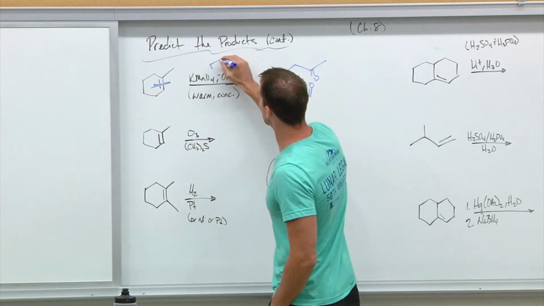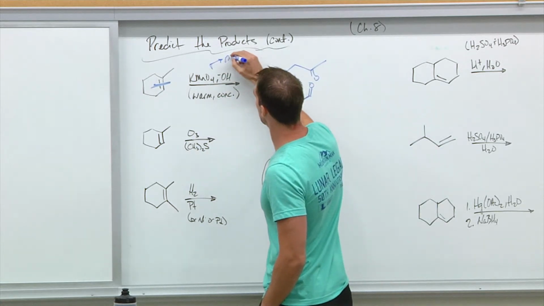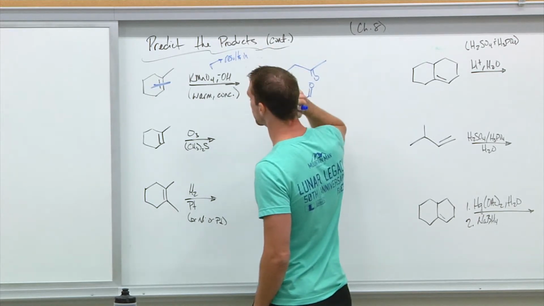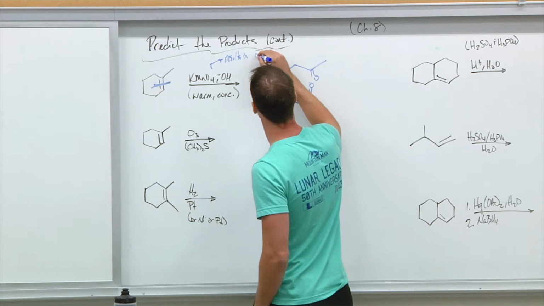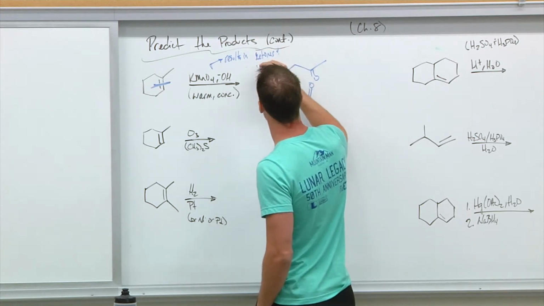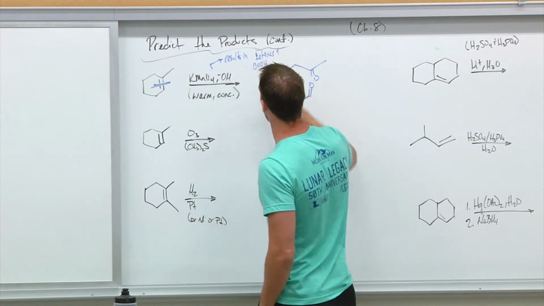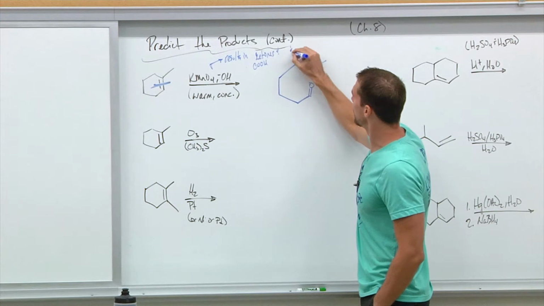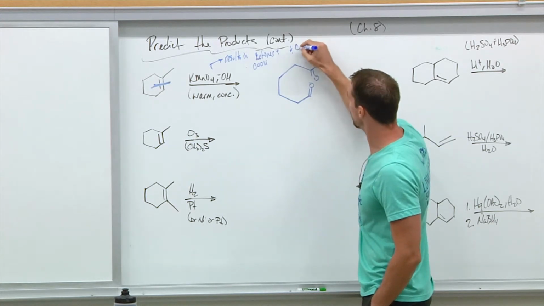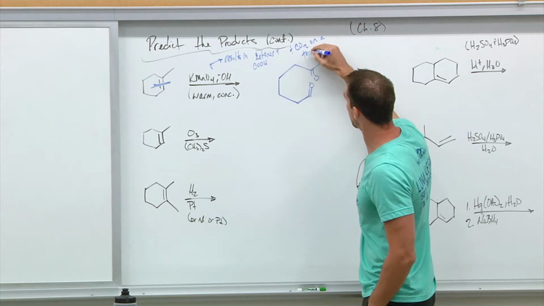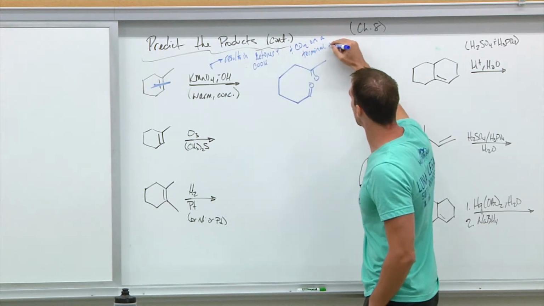So this is going to result in ketones and carboxylic acids. And it'll result in CO2 on a terminal alkene.